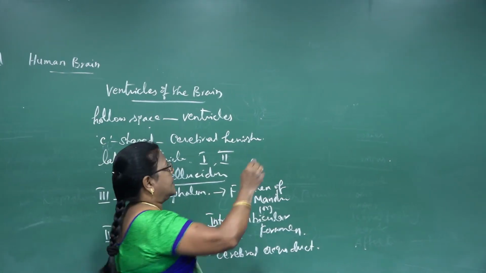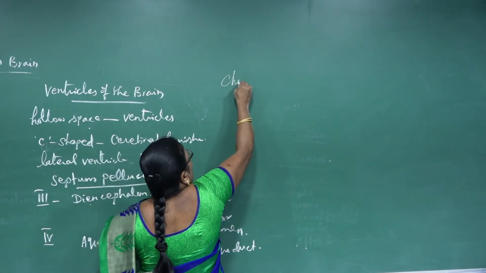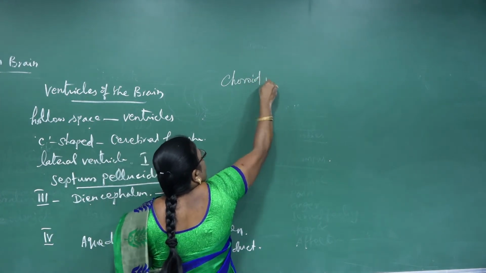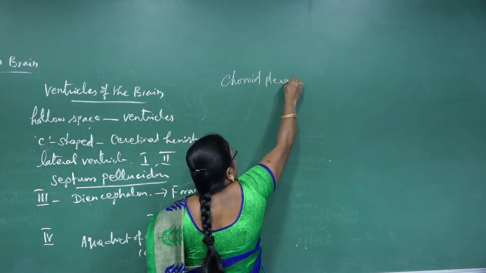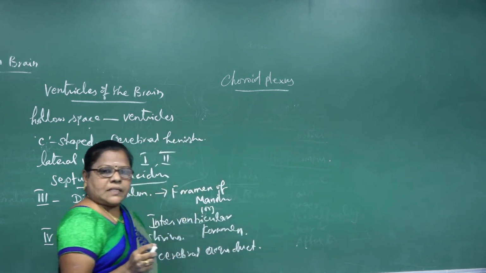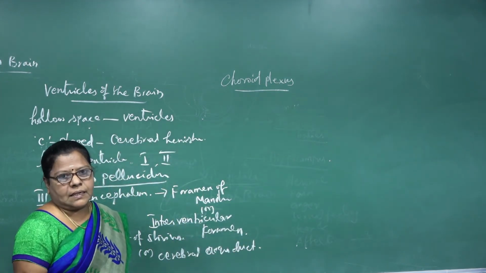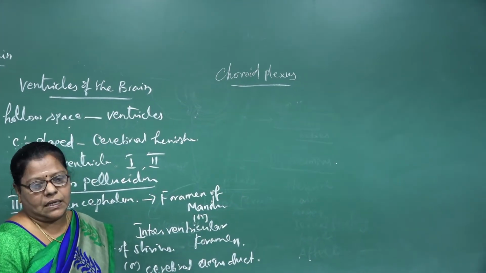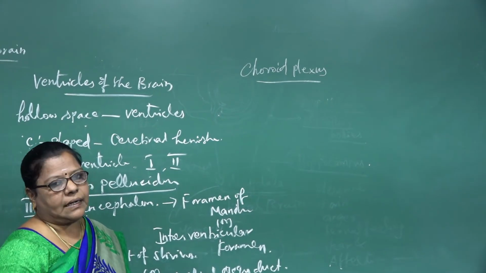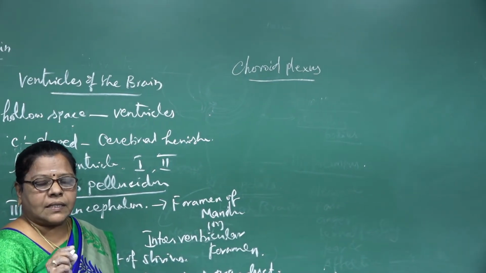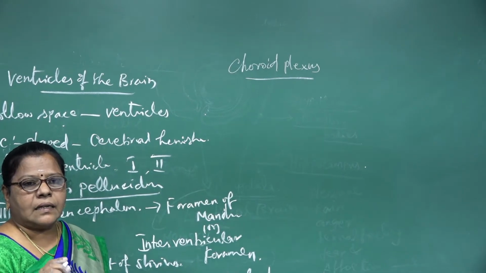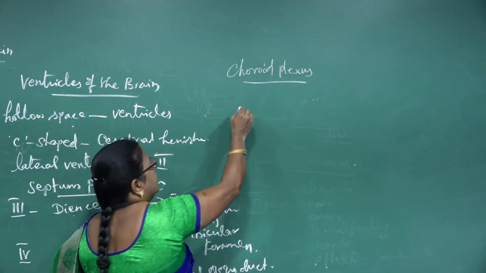Next, choroid plexus. These choroid plexuses are groups of cells. They have a network of blood capillaries which is found above the ventricles. These choroid plexuses secrete a substance that is called CSF.